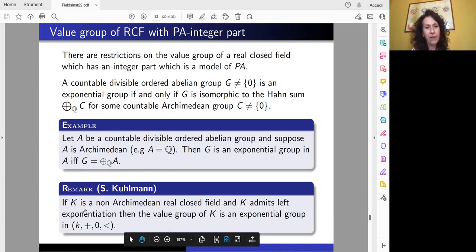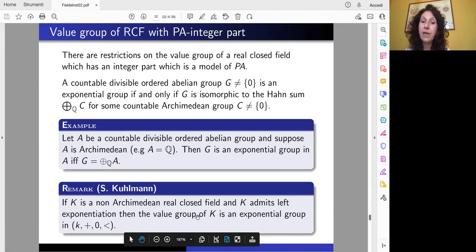So if K is a non-Archimedean real closed field which admits left exponentiation, then the value group is an exponential group in the residue field. You remember that if a real closed field has an integer part which is a model of PA, it has left exponentiation.